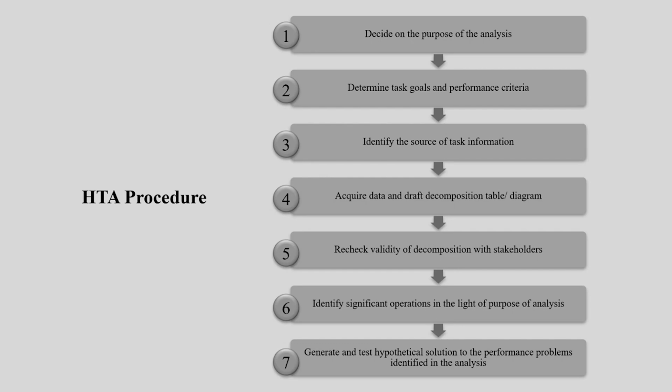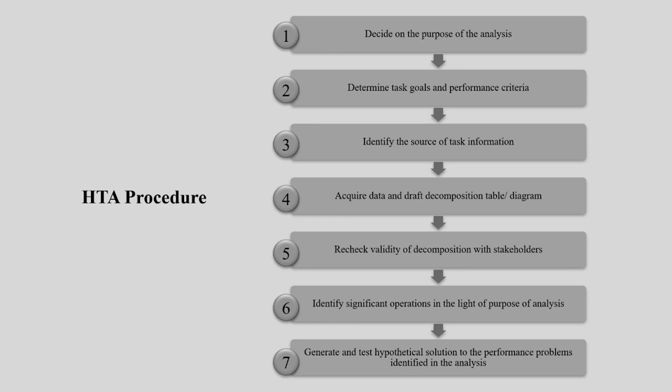If you are not clear about the purpose of the analysis, we will not be able to select that particular task. So, when we understand what I am looking for at the end, visualizing that is very, very important. Then determine the task goal and performance criteria.